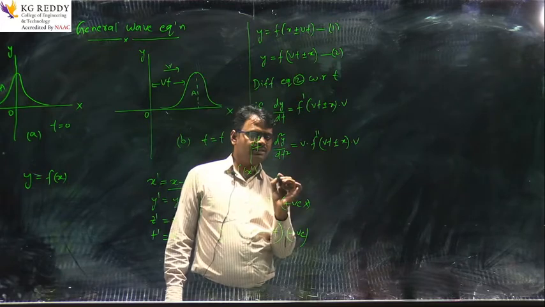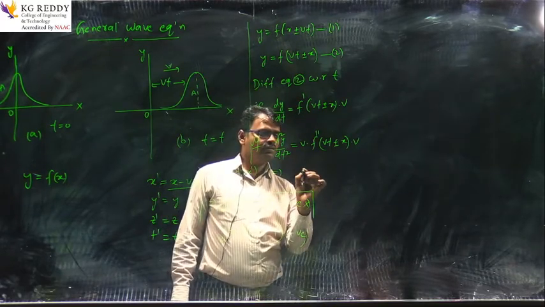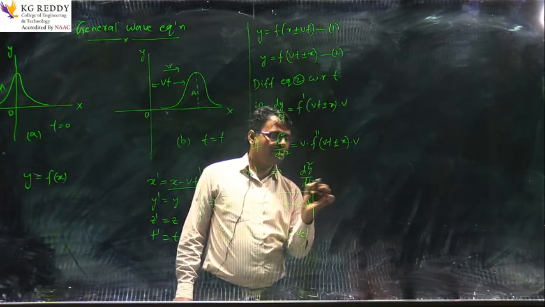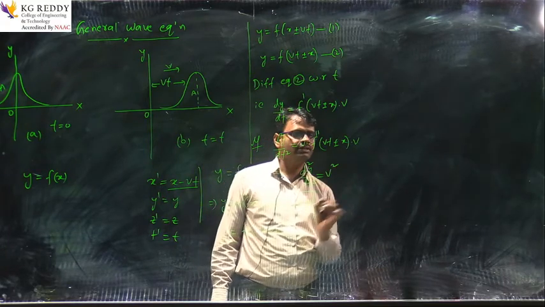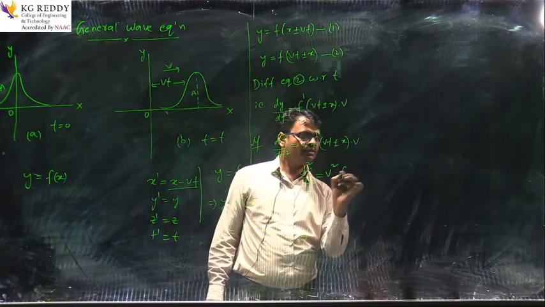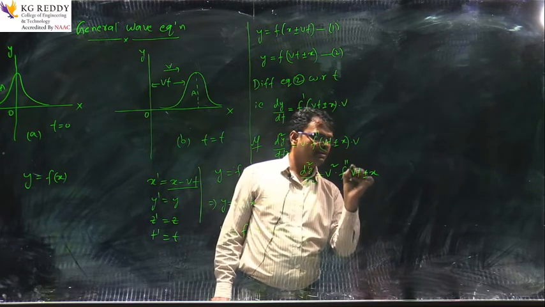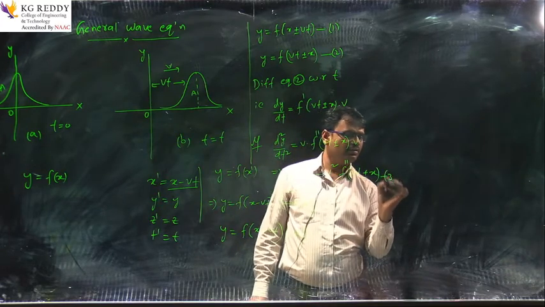That implies d square y by dt square is equal to v square into f double dash of vt plus or minus x. Let us say this is equation number 3.